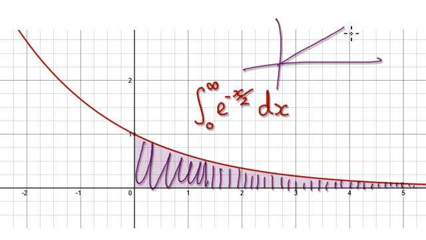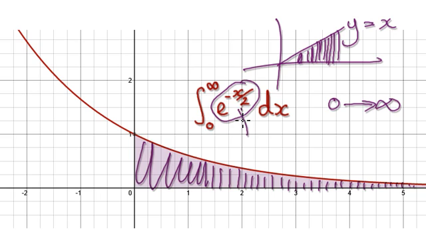Yes, that will be true if you have a graph of y equals x here. If you integrate from 0 all the way to infinity, then yes, the area will get larger and larger. But that's not true when it comes to this particular graph. For some reason, even though you're adding and adding, the area itself will converge to one particular value.